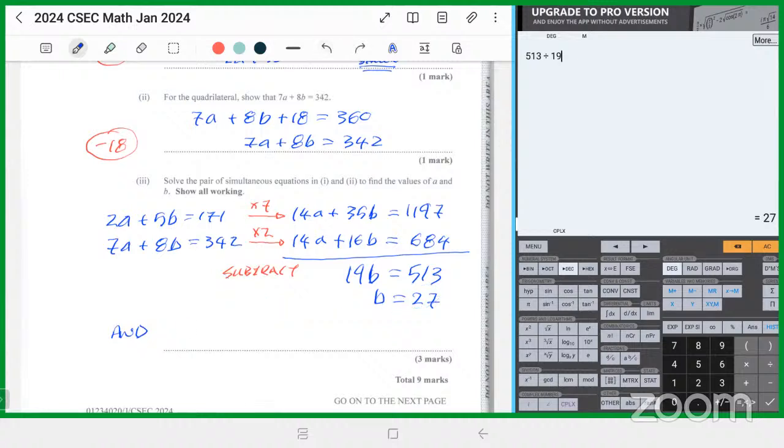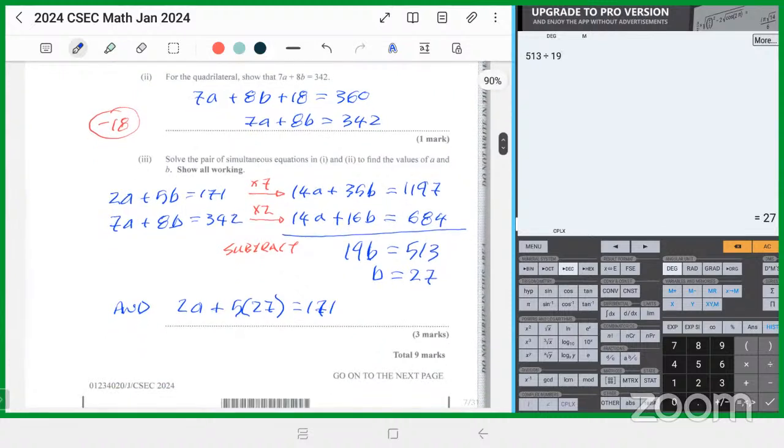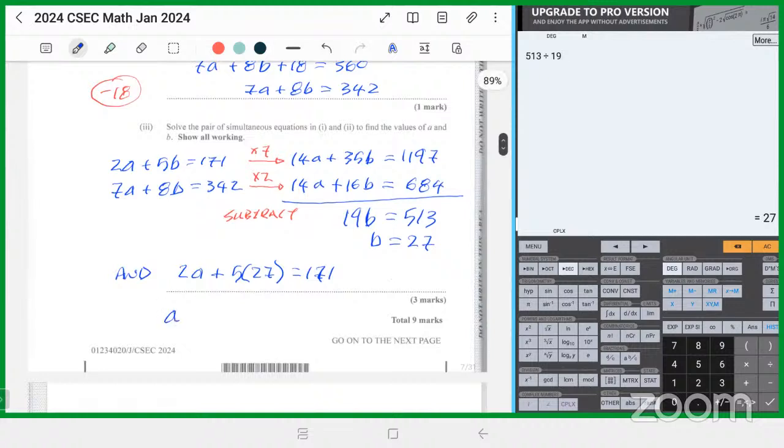It's going to be 2A plus 5 times 27 is now equal to 171. If I were to simplify this, I don't need to multiply them. Take this, subtract on this side, and then divide under the 2. There's not a lot of space. So the A is going to be 171 minus 5 times the 27, and then this 2 divide under here. Divide by 2.